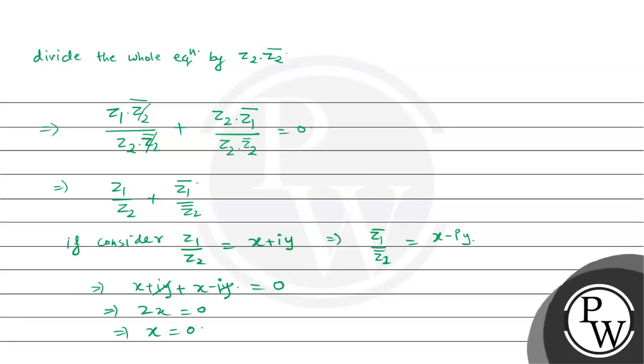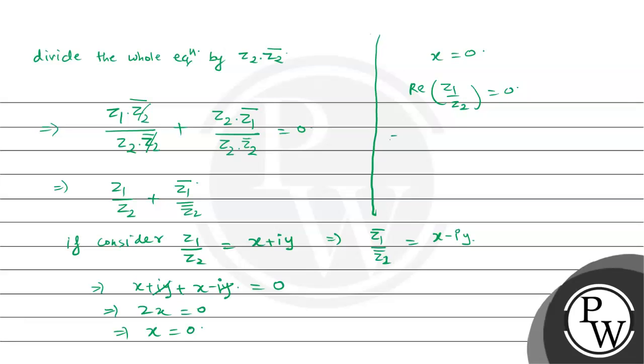Now x = 0 means the real part of z1 upon z2 is equal to 0, because x is the real part. Real part is 0.